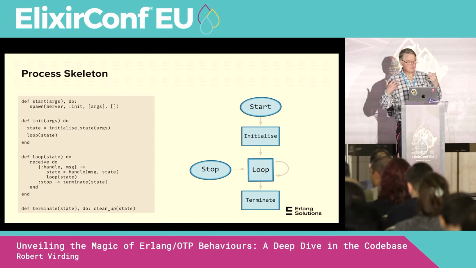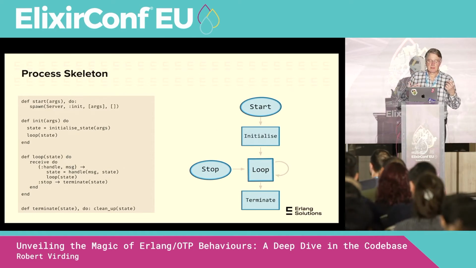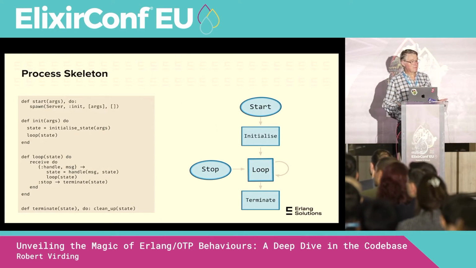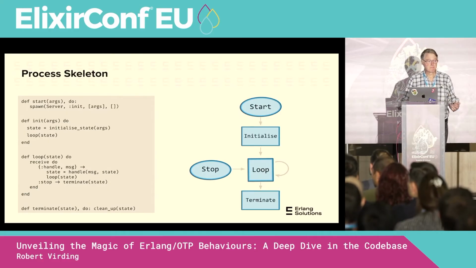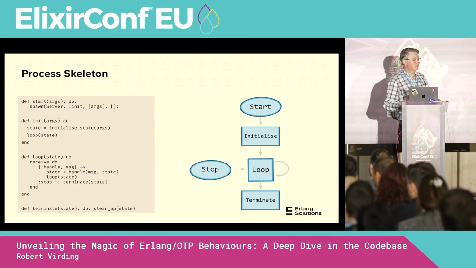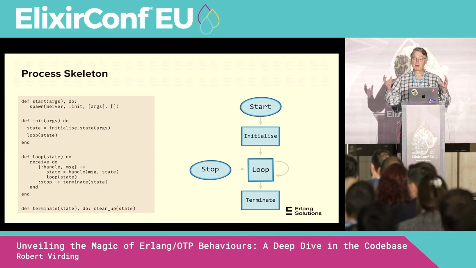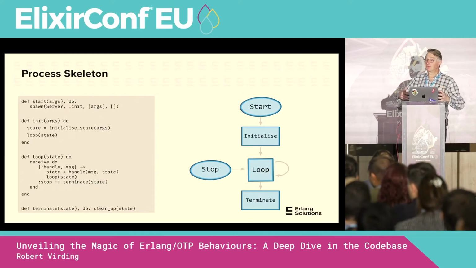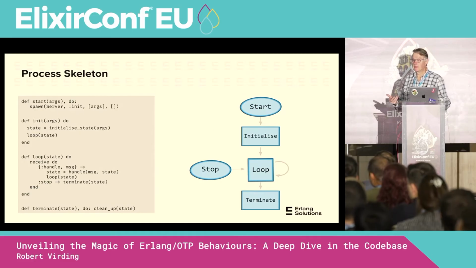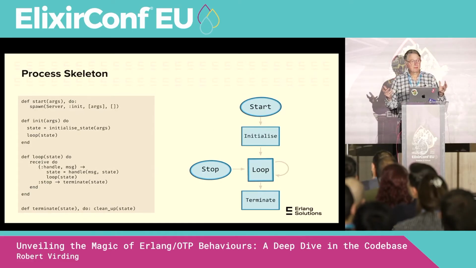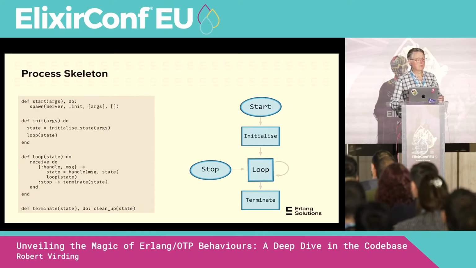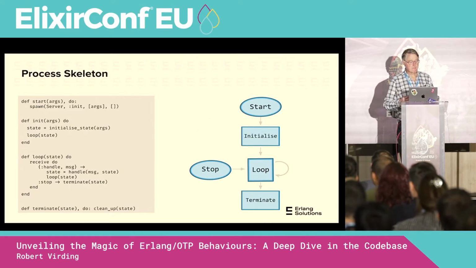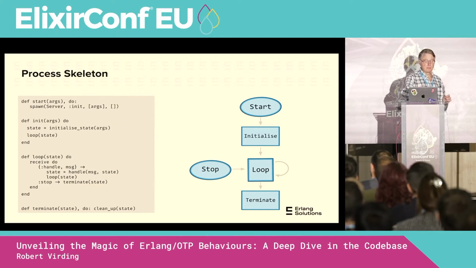There's a spawn function for starting a process, and typically you'll call an init function with some input arguments, and that init function will initialize everything that process needs to know about. And typically it'll return a state saying, here is the state I'm going to be working on, and we're going to be processing stuff using this state. Again, this is what's happening internally. All the processes running in your system have this format, right? Whatever they're doing internally.